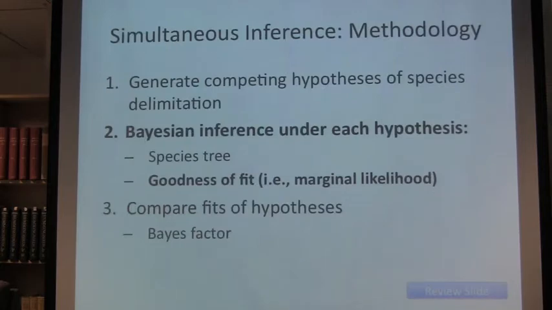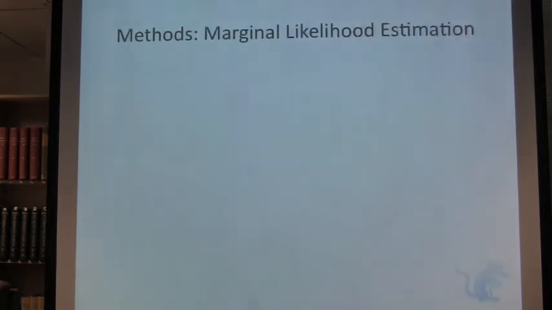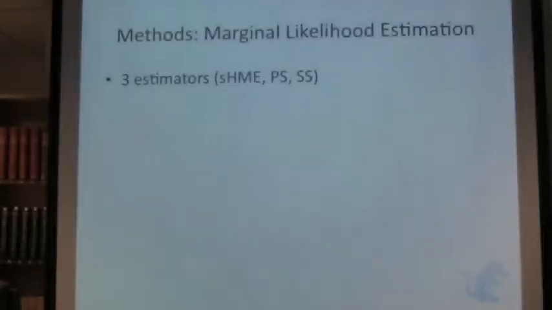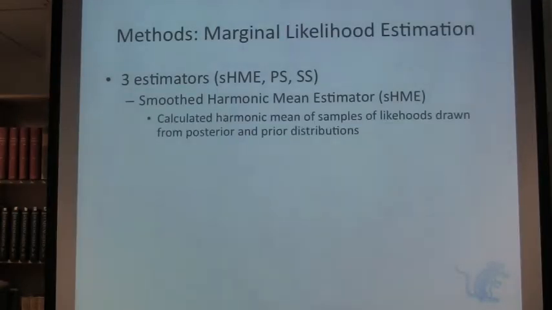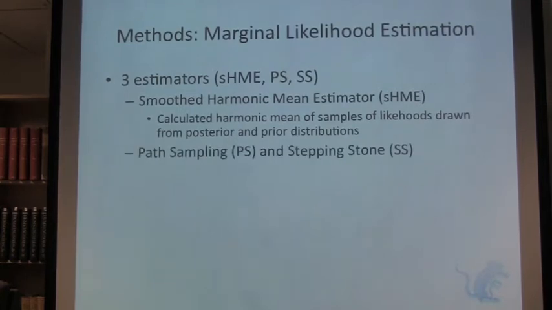To simultaneously estimate goodness of fit for each of these StarBeast analyses, I estimated marginal likelihood using 3 competing estimators, the 3 that we talked about in the introduction: the smooth harmonic mean estimator, path sampling, and stepping stone. For estimation using the smooth harmonic mean estimator, the harmonic mean was calculated from samples of likelihoods drawn from both the posterior and prior distributions.